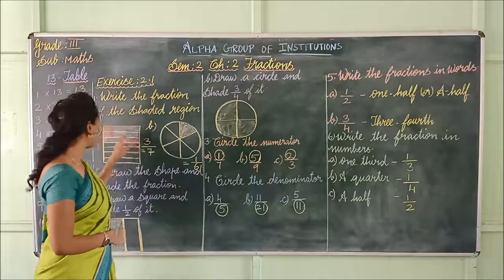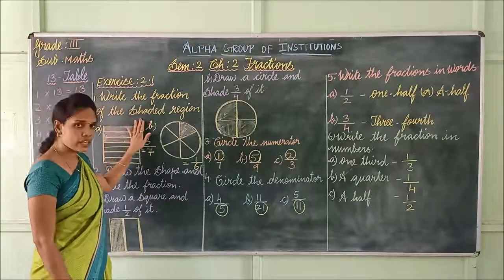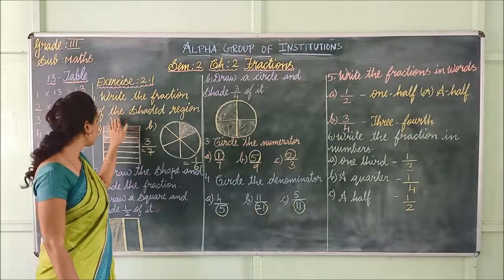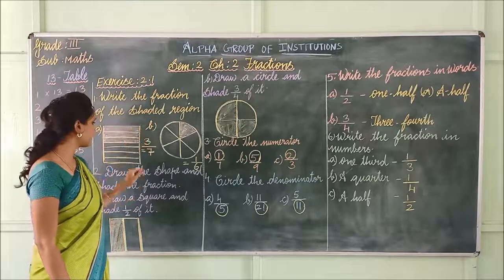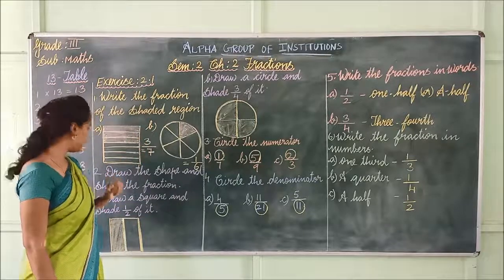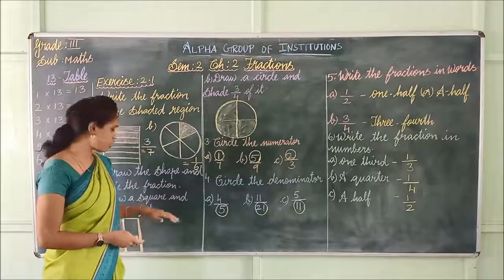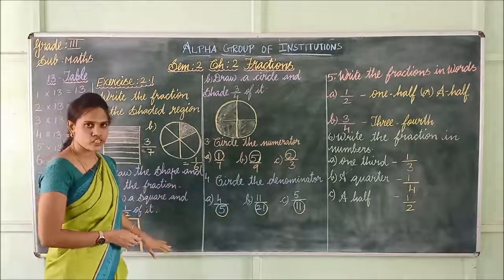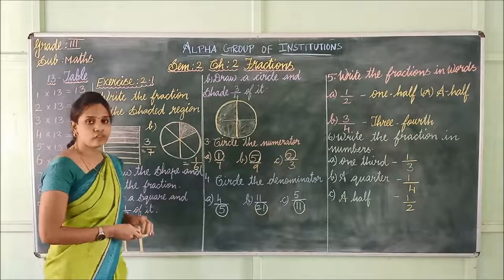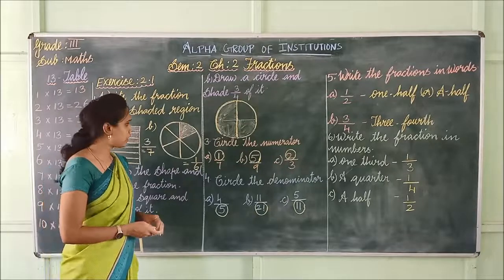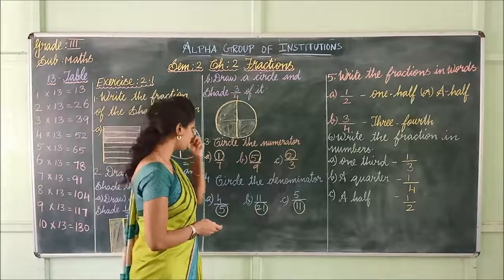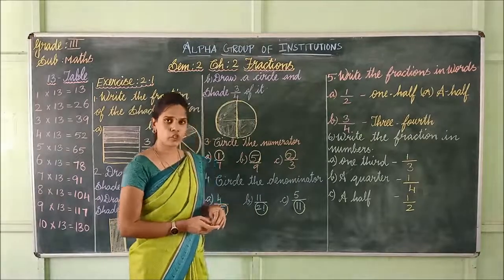First we have written the fraction for shaded regions. Next one, draw the shape and shade the fraction. According to the question, you have drawn the shape and shaded the given fractions. Next, we have circled the numerator and denominator.